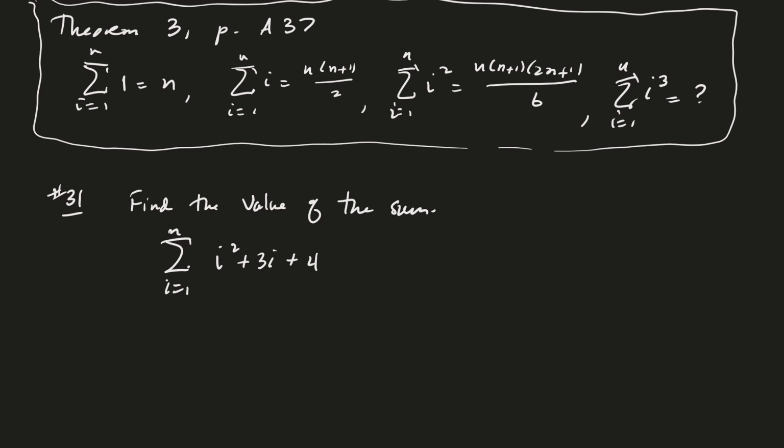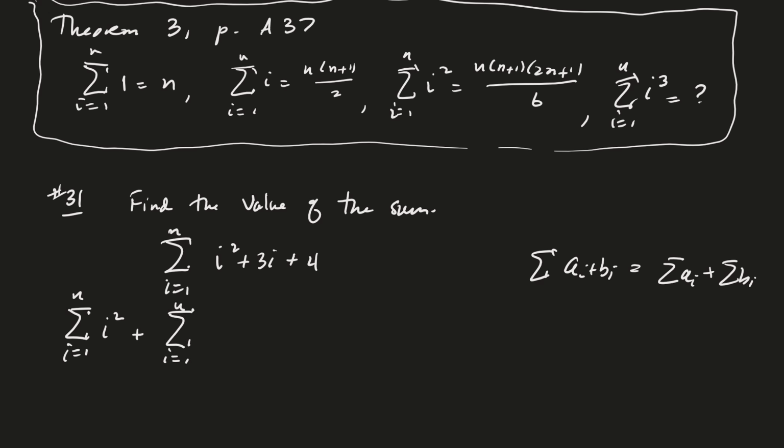Okay, so the solution: first, remember that if I have the sum of a_i plus b_i, I can rewrite that as the sum of a_i plus the sum of b_i. So I can reorder the terms of the sum, and you can see why I'm bringing that up now. Let's go ahead and distribute the sigma notation: the sum for i equals 1 to n of i squared, plus the sum for i equals 1 to n of 3i, plus the sum for i equals 1 to n of 4.